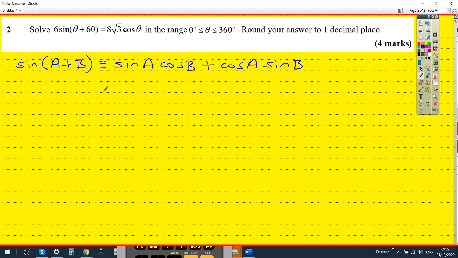Yep. It will be 6 times sine theta cos 60 plus cos theta sine 60, and then make that equal to 8 root 3 cos theta.